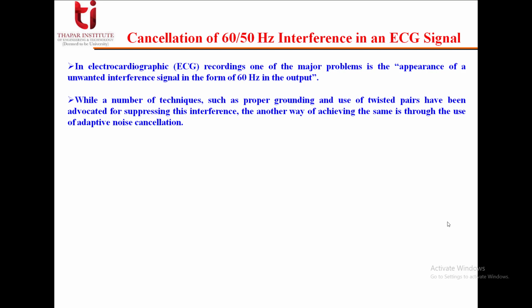While a number of techniques such as proper grounding and use of twisted pairs have been advocated for suppressing this interference, another way of achieving the same is through the use of adaptive noise cancellation. So in this we will study adaptive noise cancellation, and the figure is shown in the next slide.